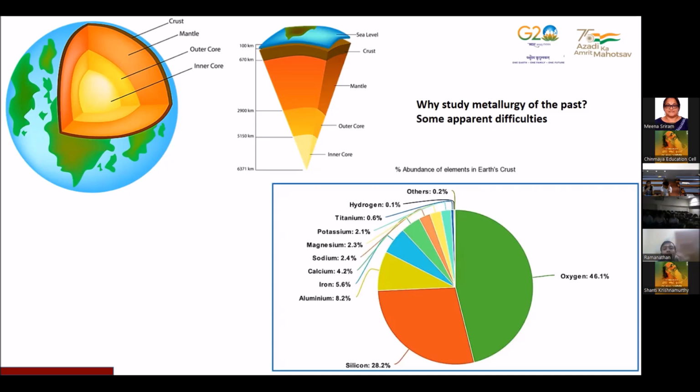Gold, as you may know, is not always found in its zero oxidation state. For those of you who are not from science, oxidation state is a property of every atom, where if the atom has an adequate number of electrons, it is neutral and not reactive. But for chemistry to happen, either it should give away electrons or take electrons.